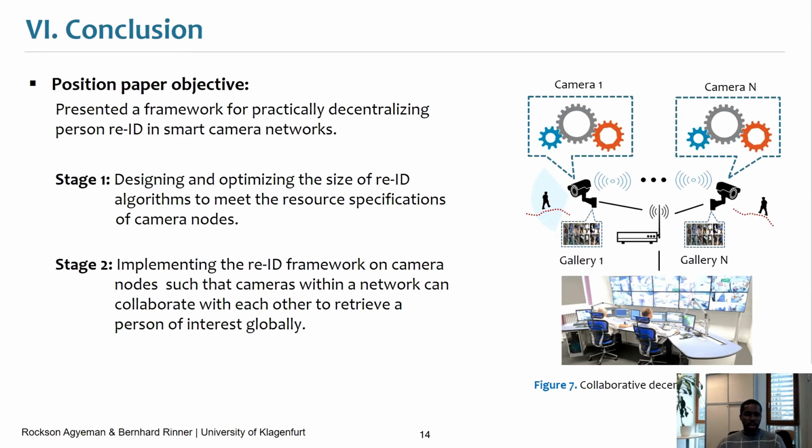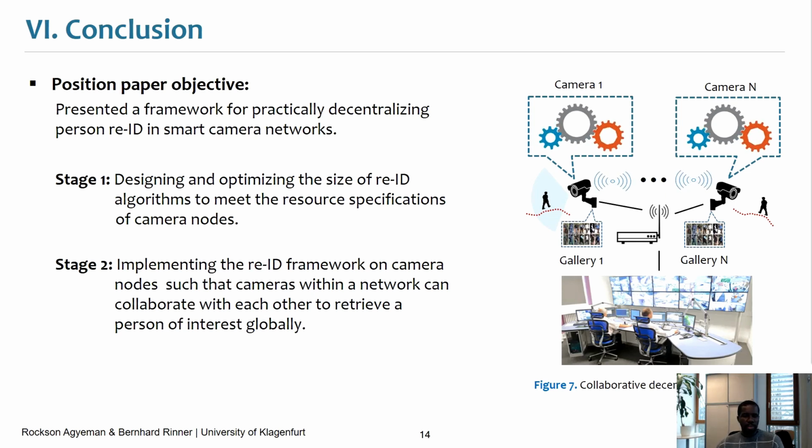Finally, the conclusion of my presentation. This position paper presented a framework for practically decentralizing person re-identification in smart camera networks. Specifically, the concept of the framework aims to perform person re-identification locally on smart cameras and avoid sending raw data to a high-performance computing entity or cloud service.